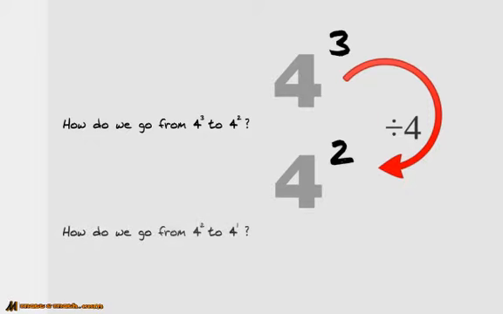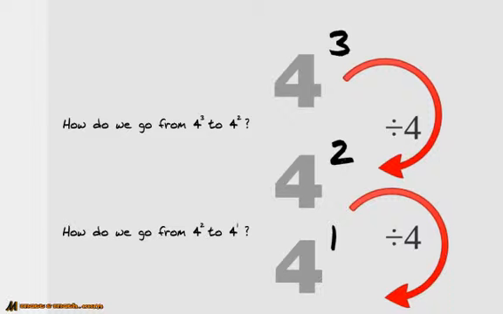Well, if we follow this pattern, how do we go from 4 squared to 4 to the first power? We do the same thing. We divide by 4. Each time we go down 1, we're dividing by 4. So how do we go from 4 to the first power to 4 to the 0 power? What is 4 to the 0 power?